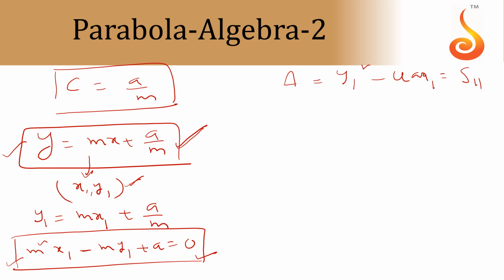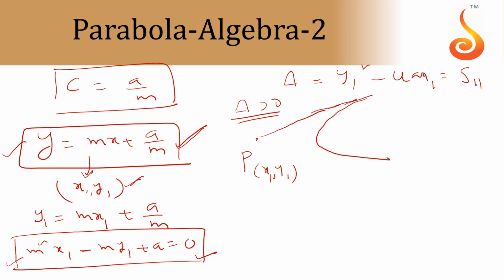So if S11 is greater than 0, meaning discriminant greater than 0, what is the meaning of that? There exist two m's. So if delta is greater than 0, meaning the point is outside the parabola, there are two tangents to the parabola.